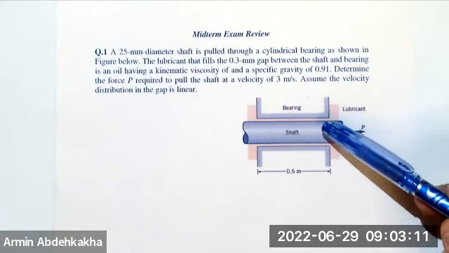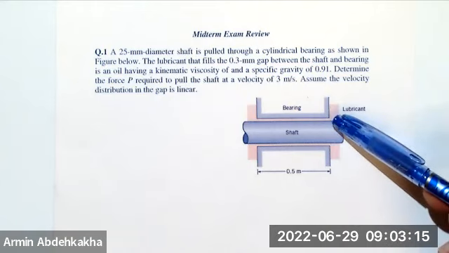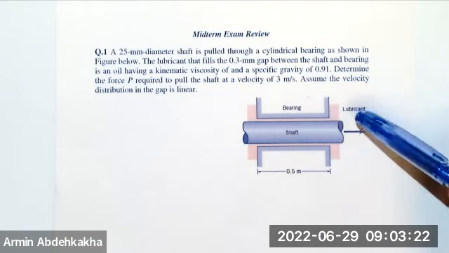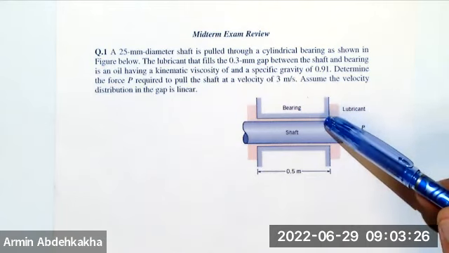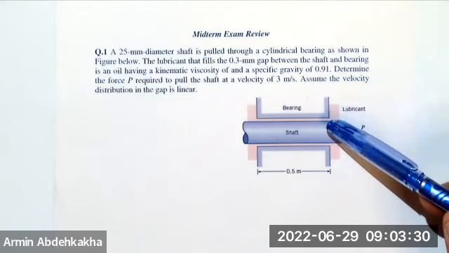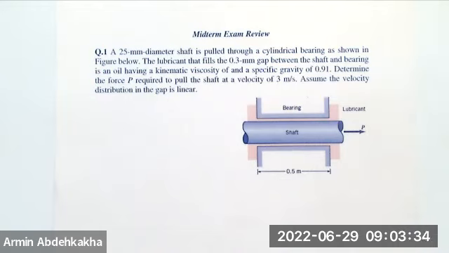Because of the gap between bearing and shaft, you will see that you have oil, which is your lubricant. Because of the lubricant, you will have a shearing stress that gives you the shear force, okay?